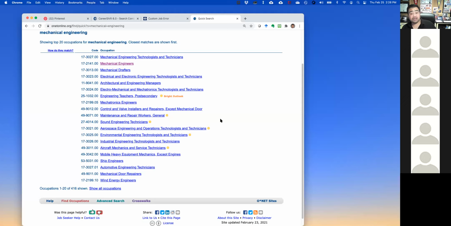I use these codes more so as data to identify career paths and opportunities for students relating to grants, specifically NSF and Department of Labor grants. Okay, but when we keep it general, I'm going to go to mechanical engineers, right?